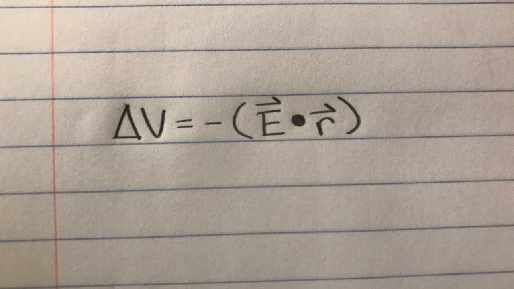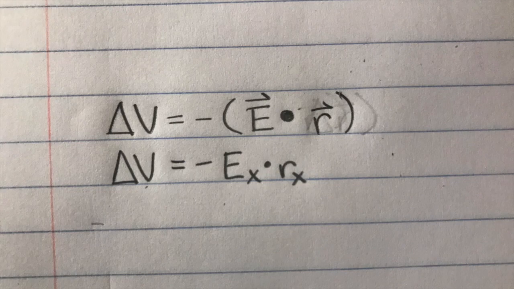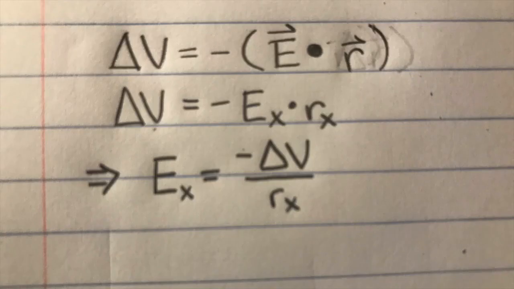Since it's only moving in the negative x-hat direction, we can simplify this equation to only include the x values of both terms. Then, if we divide by the x term of the change in position, we get the negative potential difference over the x term of the change in position equals the x term of the electric field.